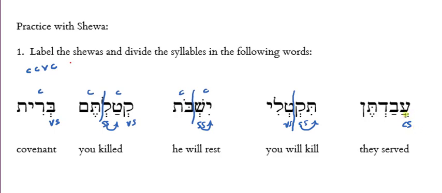Now, at the beginning of a word, any Shiva is vocal, but we learned that an ayin is a guttural consonant produced in the back of the throat. When it wants a vocal Shiva, it will get a compound Shiva instead, and compound Shivas are vocal Shivas. They're just a specific kind of vocal Shiva.